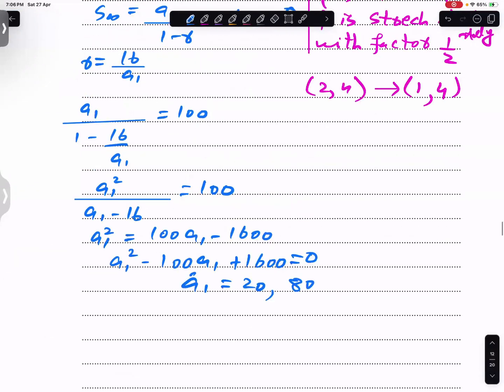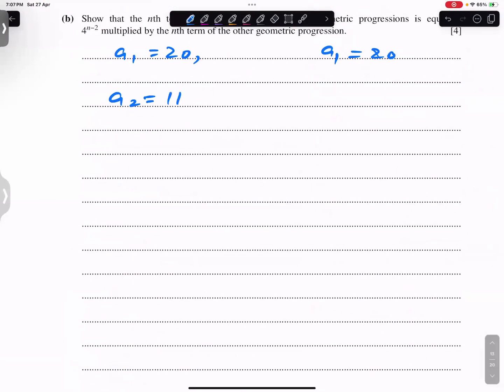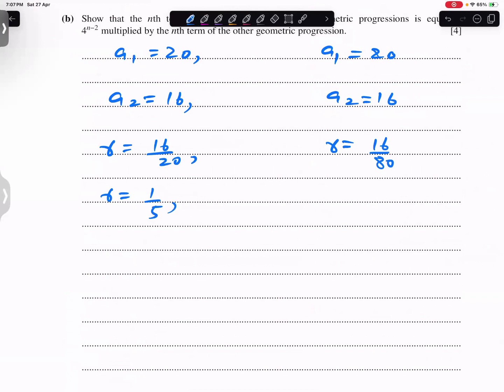Second term was 16 in both cases. So either my ratio will be 16 over 20 or my ratio will be 16 over 80. Okay. So this will be 4 over 5, or this will be 1 over 5. So we have two values for r.